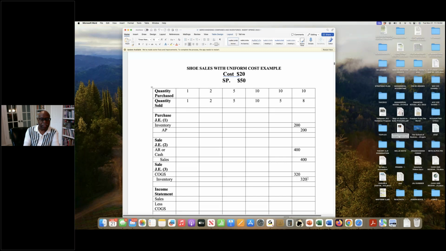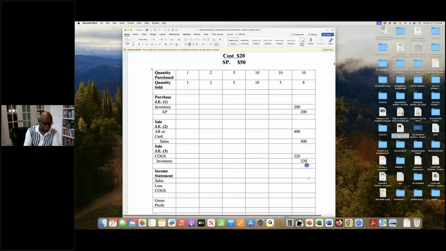When we prepare the income statement, we have sales at 400, cost of goods sold for 320, and a gross profit of what? Was not 320, it's 160.